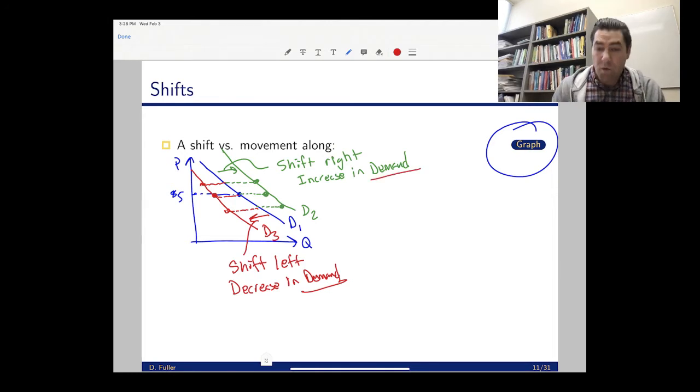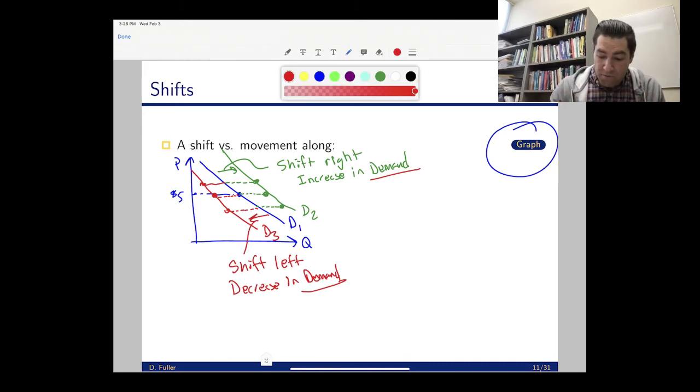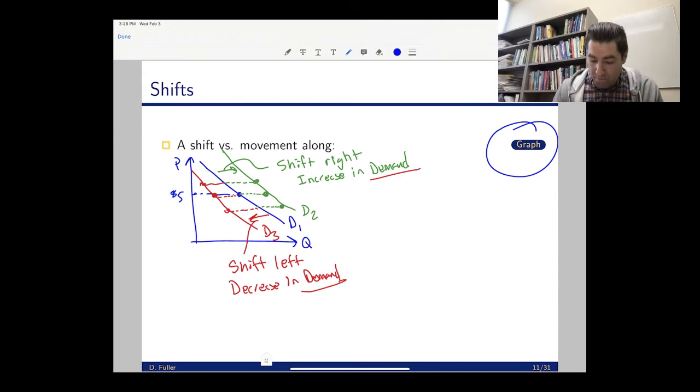Remember, when I use the word demand, I'm referring to the whole curve. A decrease in demand means the entire curve has shifted left. An increase in demand means the entire curve has shifted right. That is distinct from when I'm simply moving along the curve.